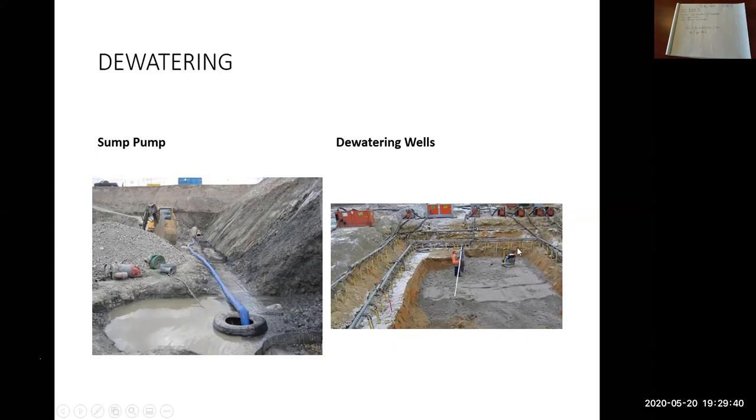It pulls all the groundwater up these yellow pipes into the connected header pipe, and then the header is connected to the main pump, which is producing the vacuum, which is doing all the sucking, and then it discharges again to a settling pond, or wherever they need to discharge to.